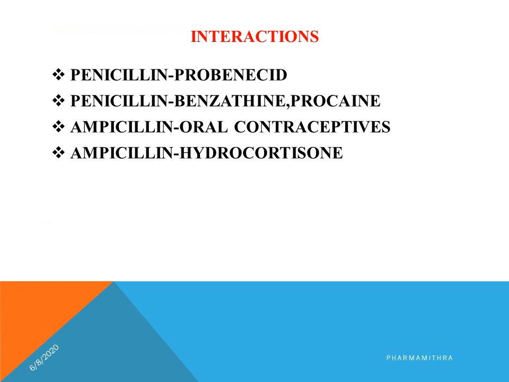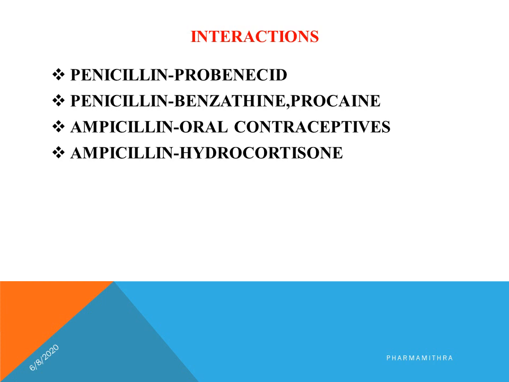Coming to the interactions, there are mainly 4 interactions with penicillin. First one is penicillin with probenecid. Penicillin, an organic acid, is excreted by tubular secretion, which is inhibited by probenecid. This results in prolonged action of penicillin.